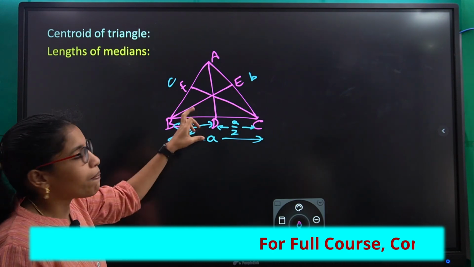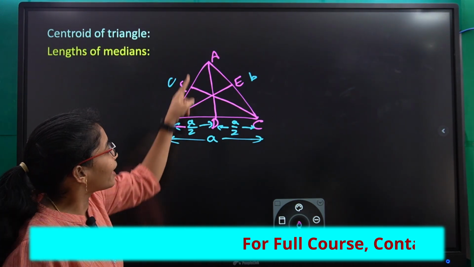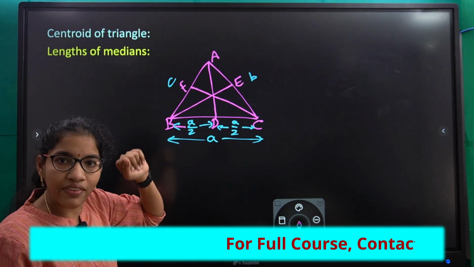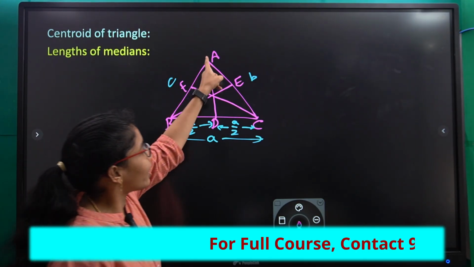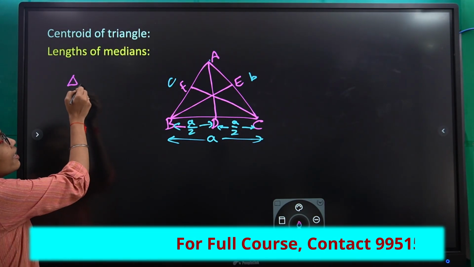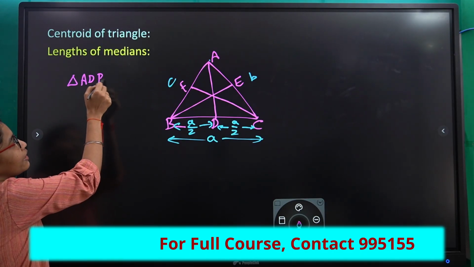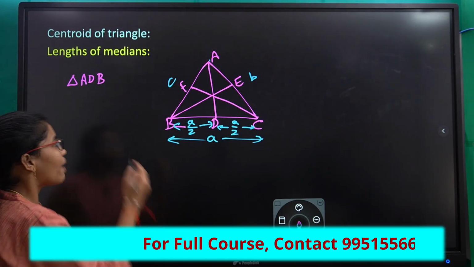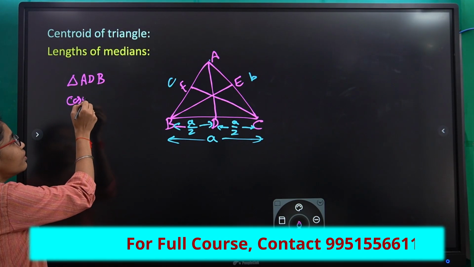For this, I am applying the cosine rule in the triangle ADB. Otherwise, you can apply the cosine rule in the triangle ADC, right? So here I am taking the triangle ABD. What is the cosine rule here?